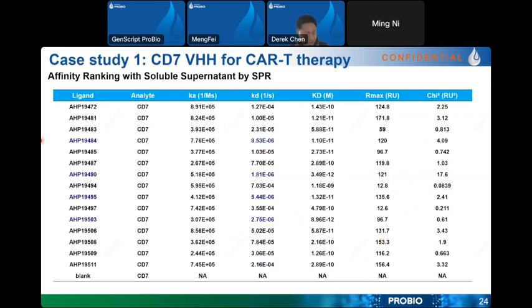During the library screening stage, we conducted the SPR affinity ranking with the soluble supernatant. Most of these candidates demonstrated an off rate around 10 to the -5 to 10 to the -7, which is considered as a pretty good affinity for therapeutic antibodies.